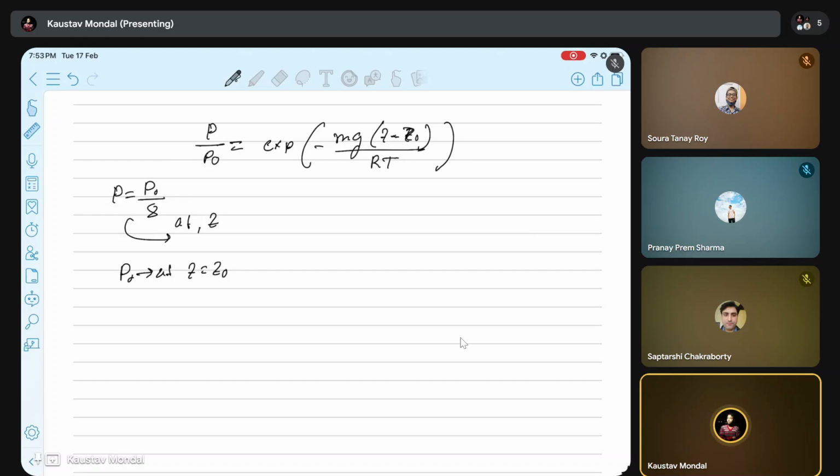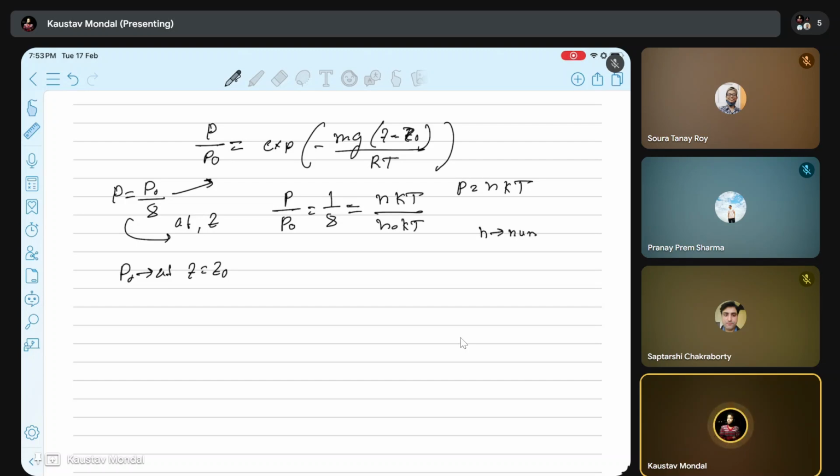So actually, this relation is not needed. Just P by P0 equal to 1 by 8, right? And we know P is simply nkT, so we can write P as nkT and P0 as n0kT, where n and n0 are basically number density.